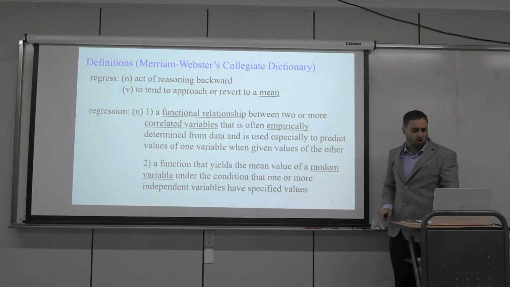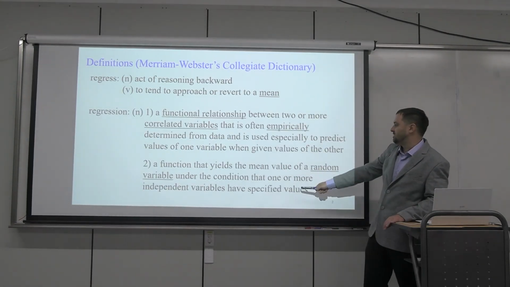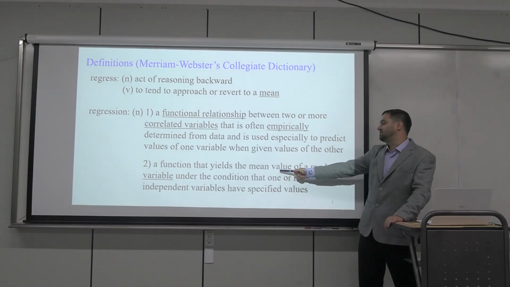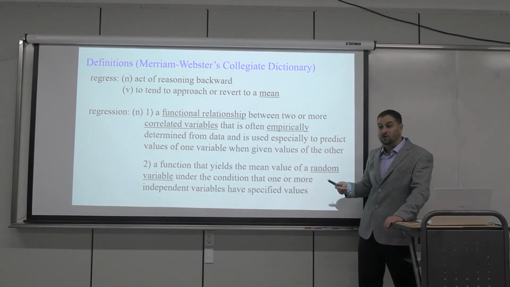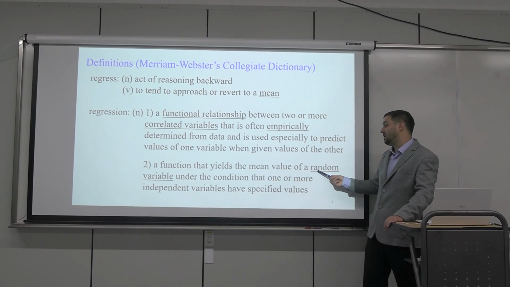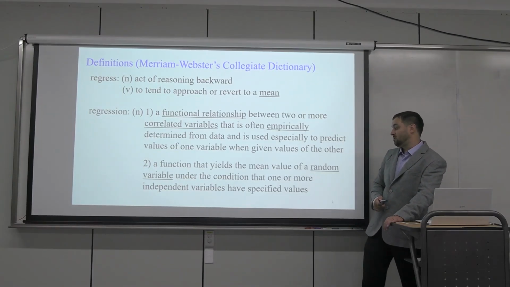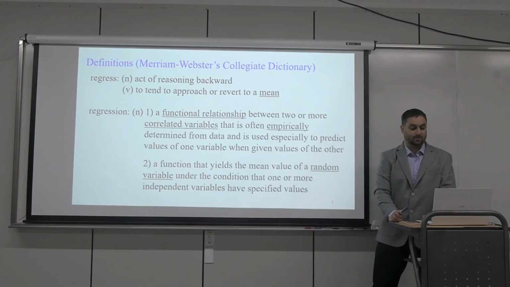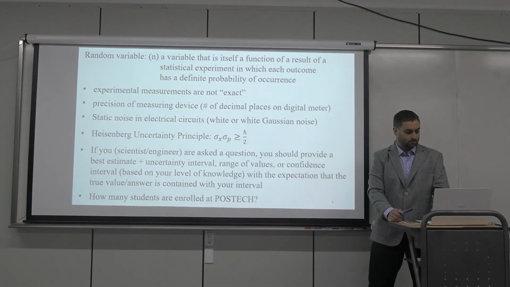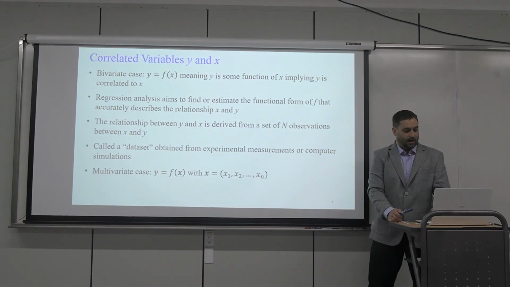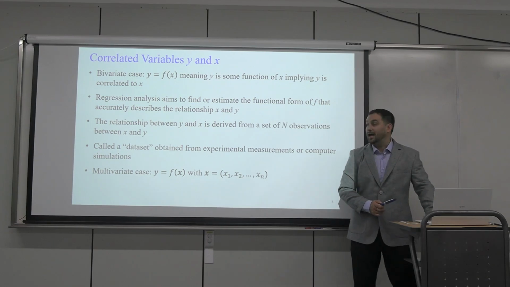And so let's just go back to the regression definition. It's a function that yields the mean value, or sometimes we call that the expectation value, of a random variable, under the condition that one or more independent variables have specified values. Okay, and what about correlated variables y and x?